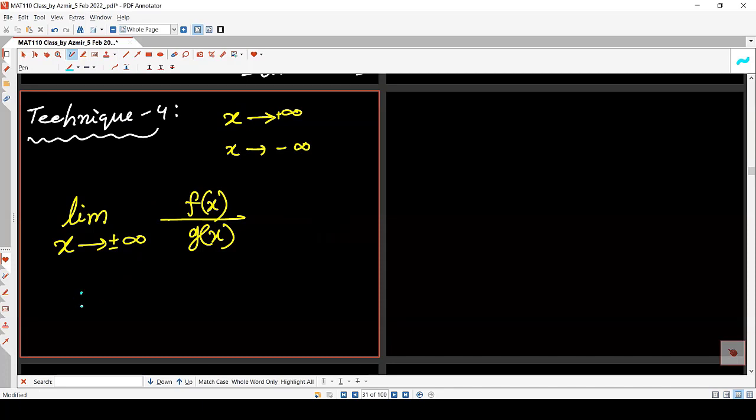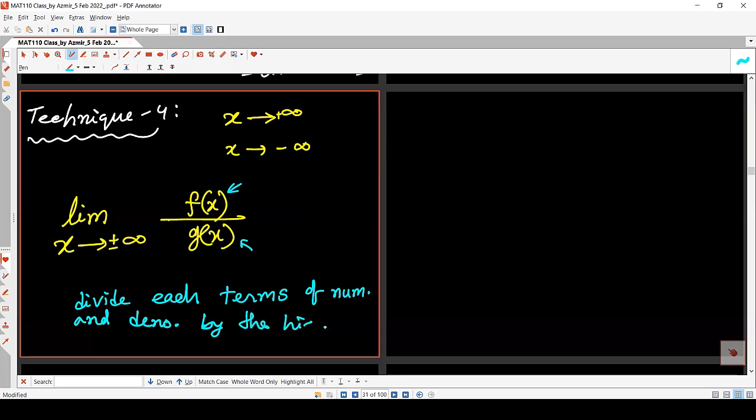We have to divide each term, that means each upper part and lower part. Divide each term of numerator and denominator by the highest power of x that occurs in the denominator.